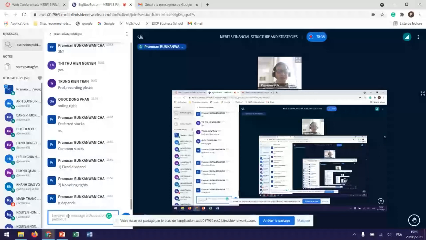It's like you are going to buy a bond or buy a stock issued by the company. It depends. You want to be a debt holder or you want to be a stockholder. The risk is not the same. The return is also not the same. So the preferred stock is between the debt or bond and the stock.